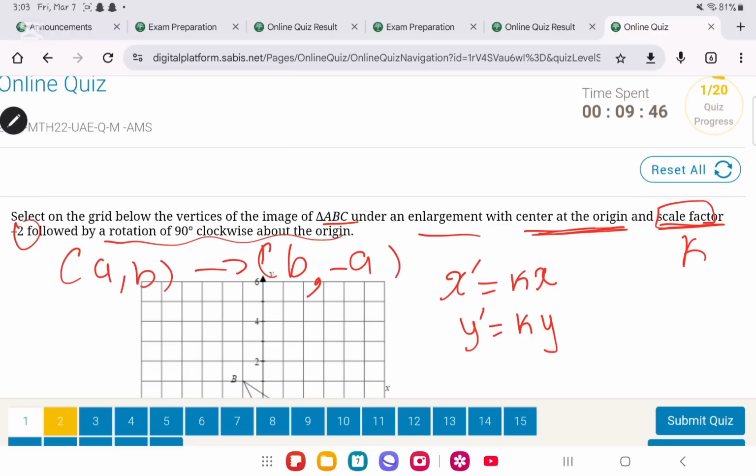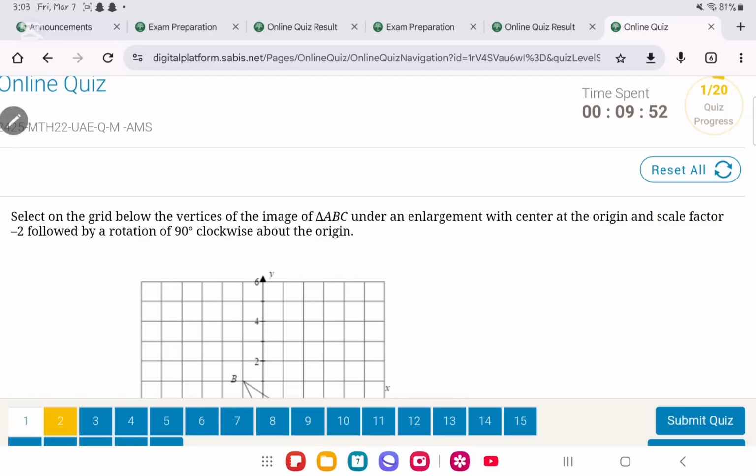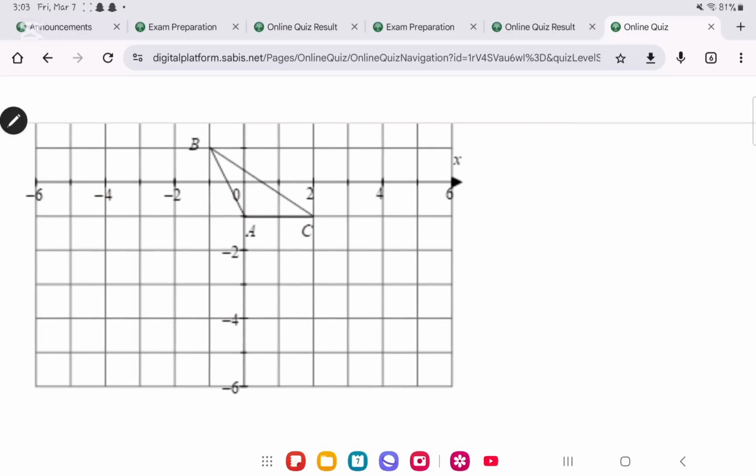Now, with all of this information, and we know what equations we will be using, we will solve this question. Personally, I would like to take all of the points, starting with point A. A, its value is (0, -1).